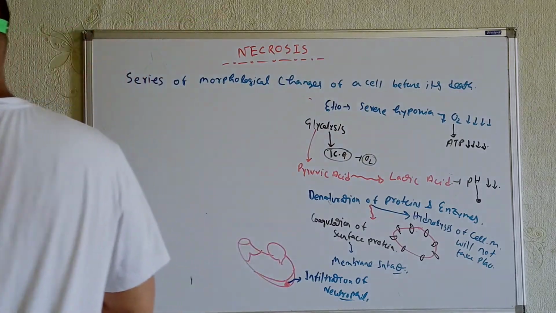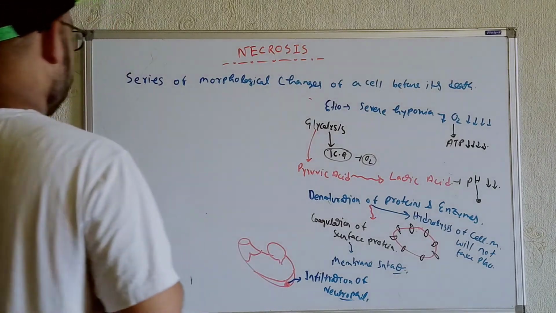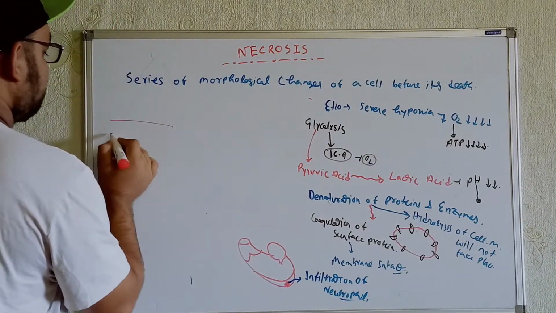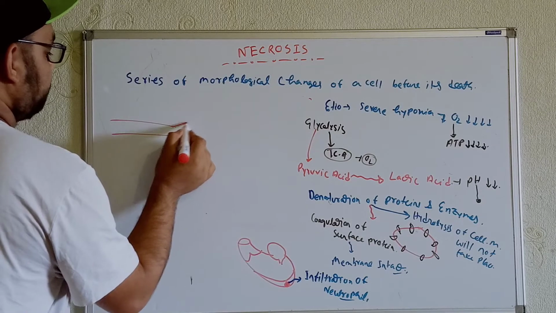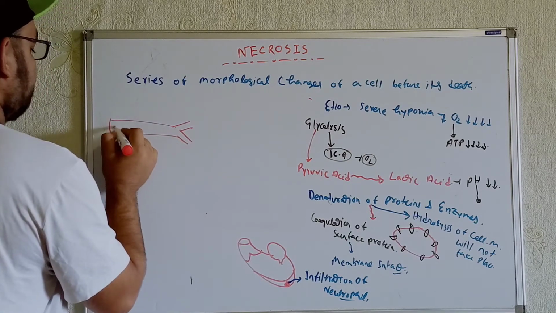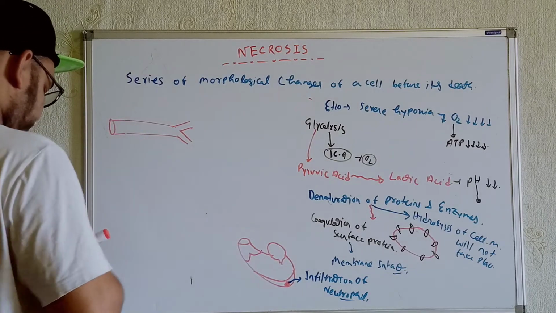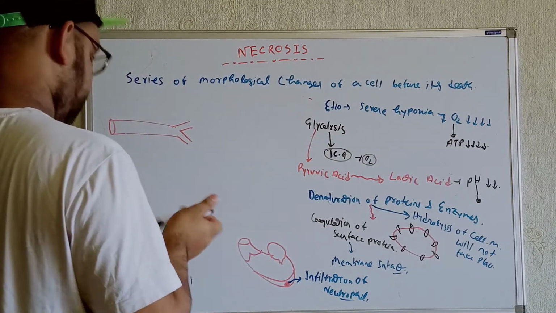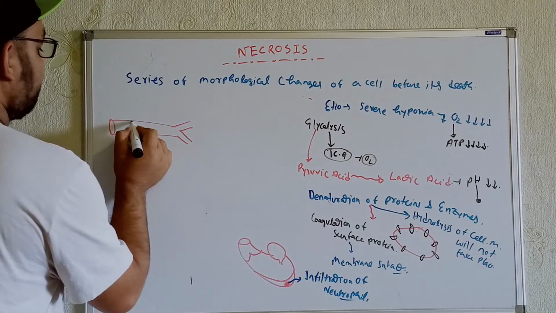Now think about this: there is a blood vessel over here, still normal. Now in some regions we are seeing fibrofatty plaque or atherosclerotic situations.